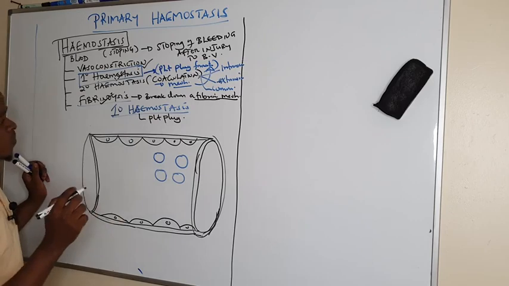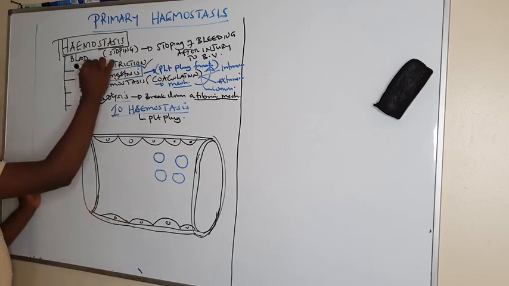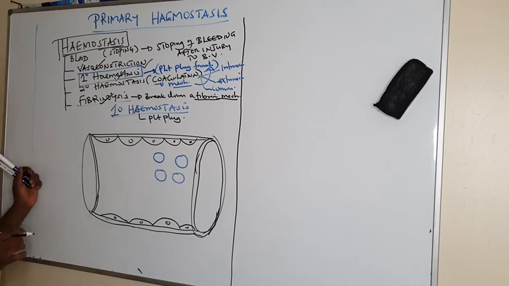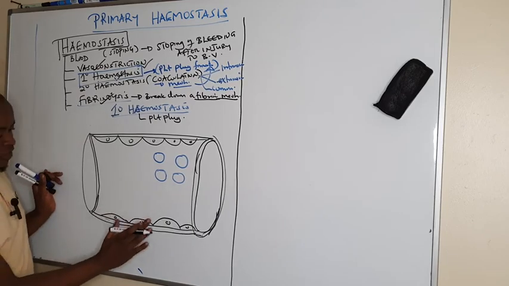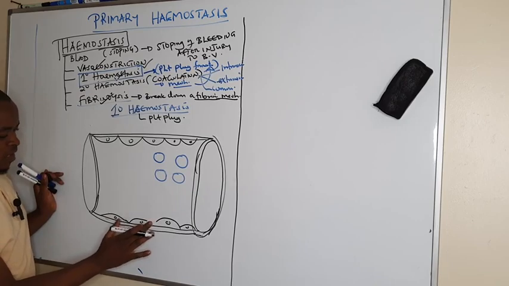And before primary hemostasis, we have seen there is vasoconstriction of the blood vessel, when an injury occurs on the blood vessel, like at this point.